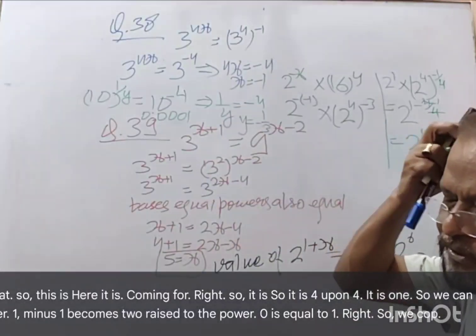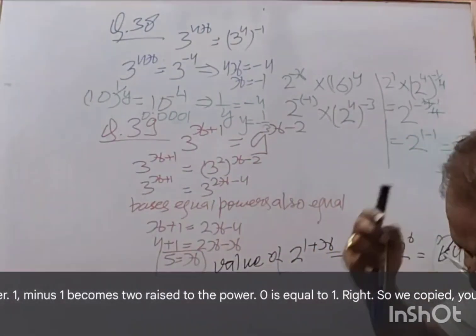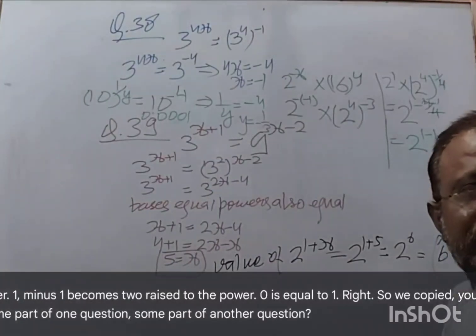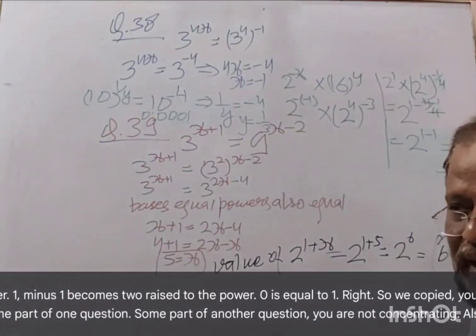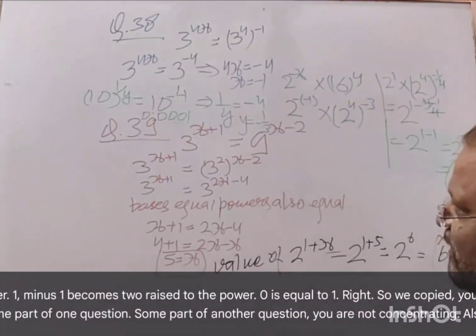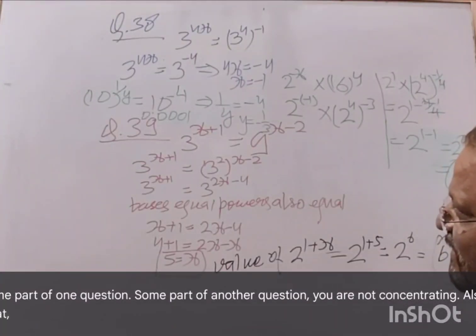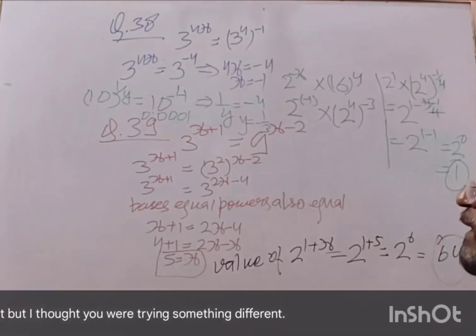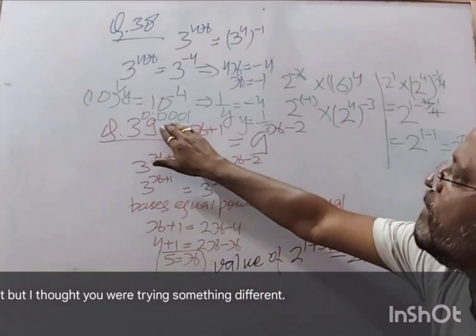So we copied something wrong, some part of one question, some part of another question. And you are not concentrating also. Sir, I have seen that, but I thought you were trying something different. No, this value I can't make any difference.